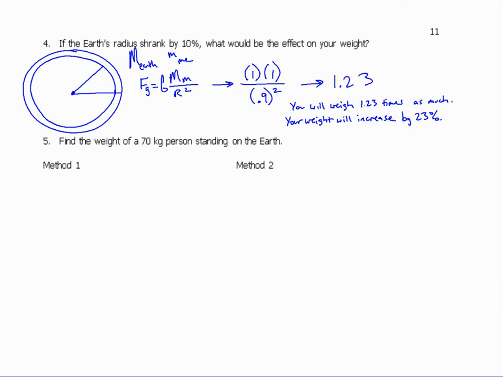Number 5, find the weight of a 70 kilogram person standing on the Earth. Method 1, this is from unit 3. Weight equals mass times the acceleration of gravity.